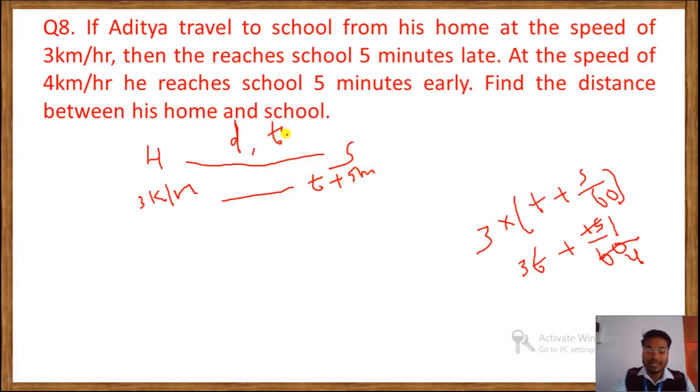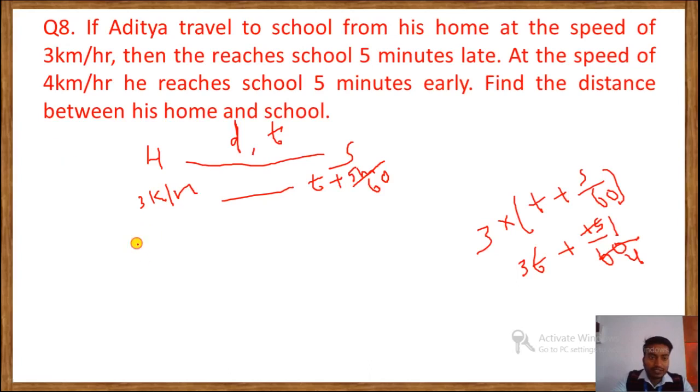Understood? T is the actual time, but when the speed is 3 km per hour, he reaches the school 5 minutes late. That's why I have added here 5 minutes. Understood? And this minute we have to convert into hour by dividing by 60.